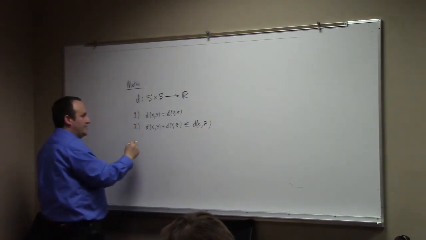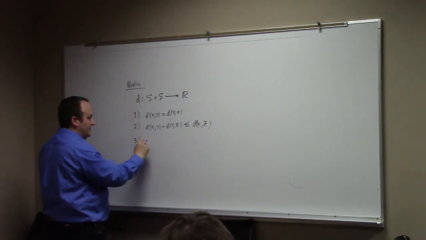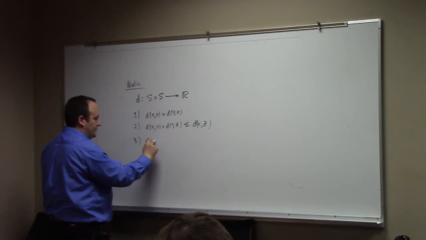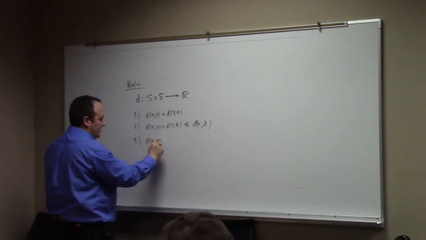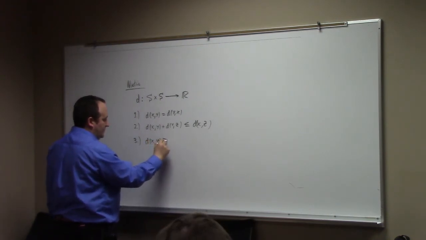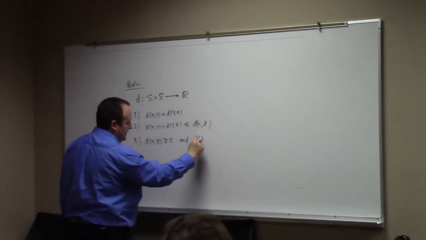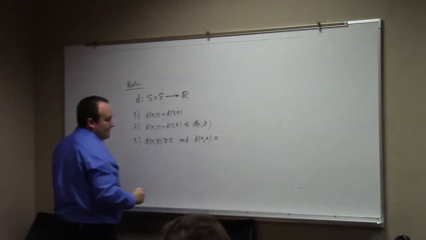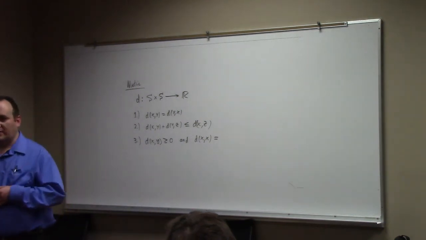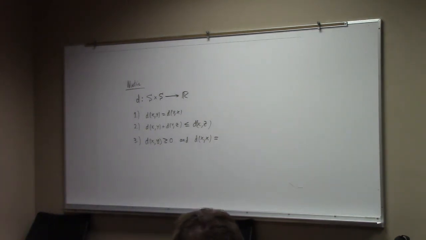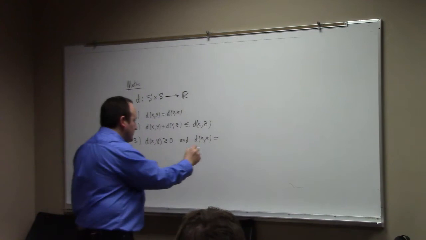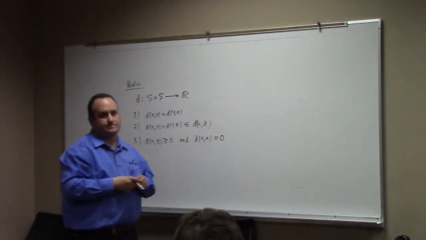And what other properties does a distance function satisfy? The distance from x to y is non-negative, and the distance from x to x is what? What's the distance from a point to itself? Yeah, 0. Right.